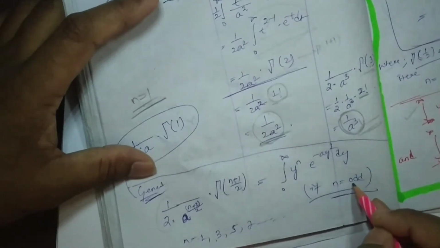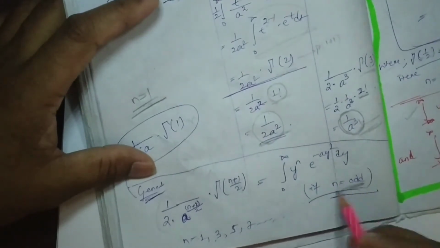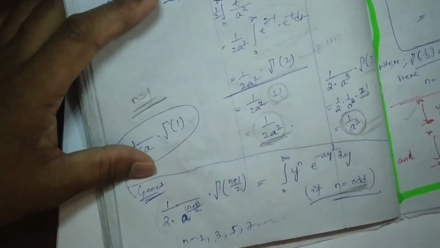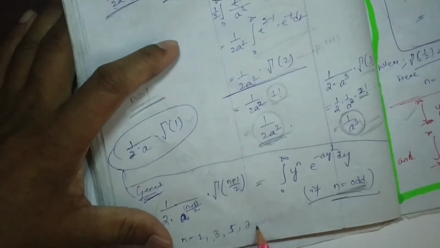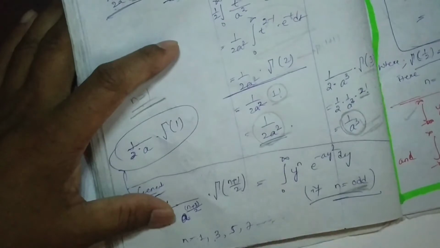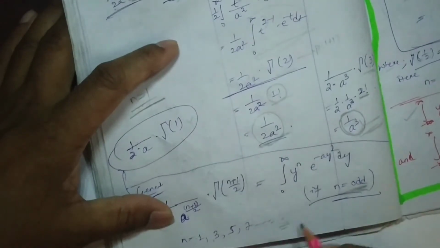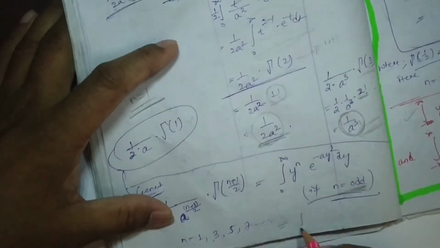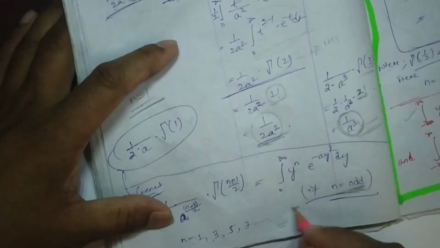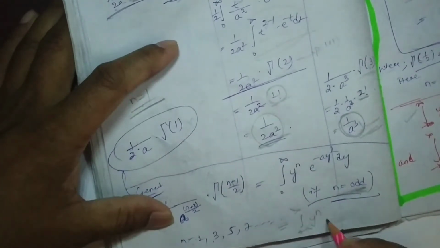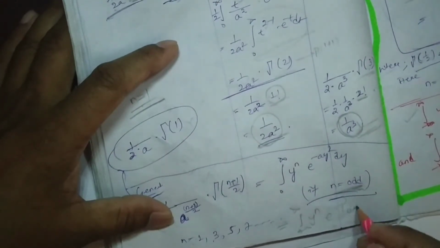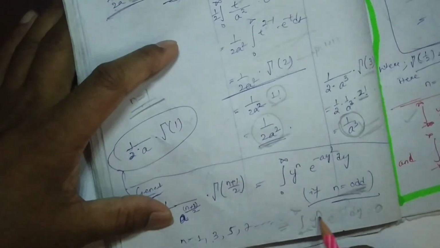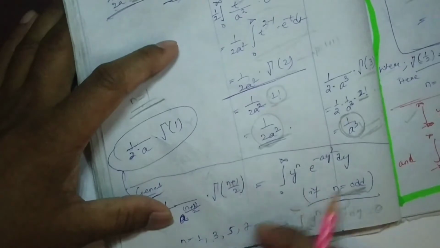Here n is odd, odd values we have taken, that is 1, 3, 5, 7 like this. If we consider from minus infinity to infinity, y to the power n e to the minus a square y square will be equal to 0, because here n is odd.